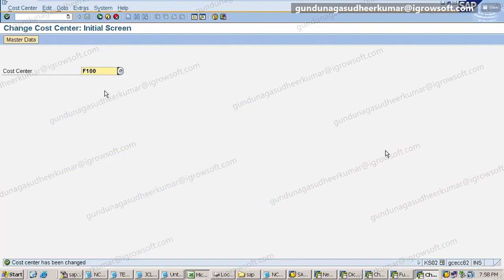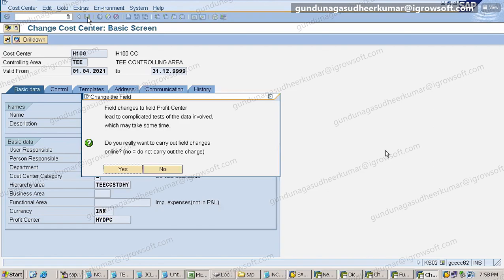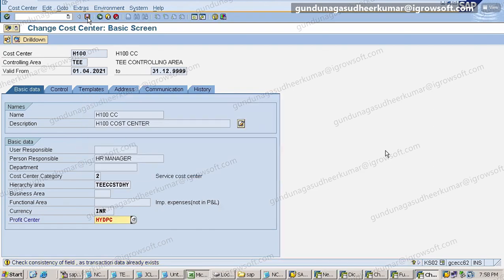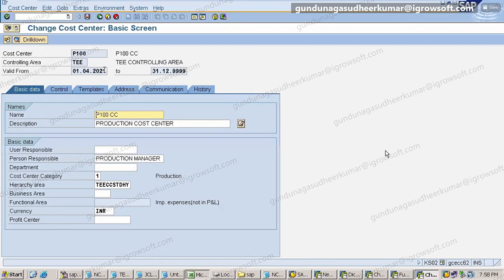Done. Next, what about the other cost centers? F100, H100. Which profit center? Same. Save. Enter the warning again. Next, P100. Again HYDPC.